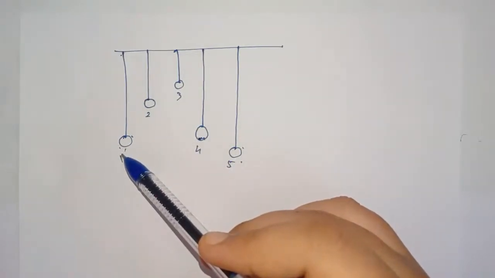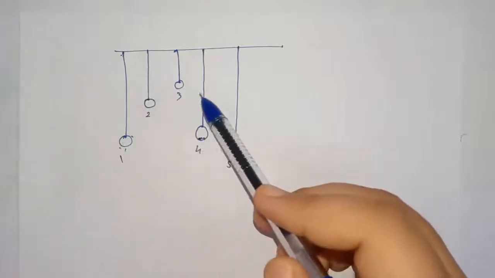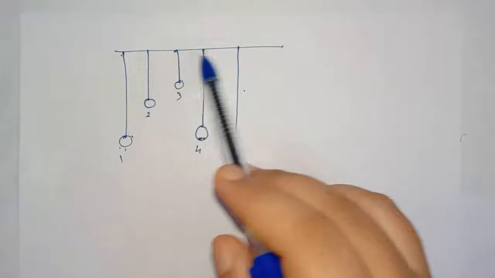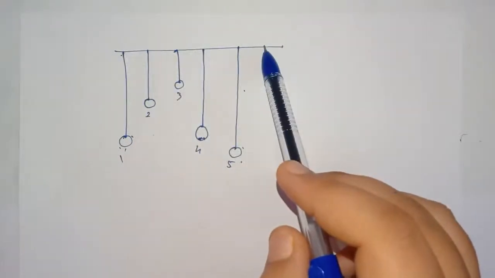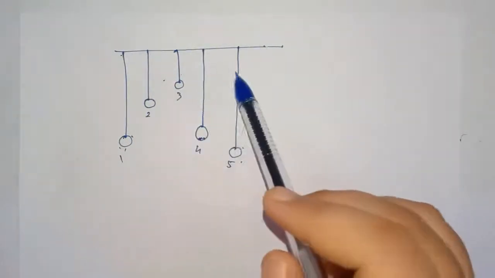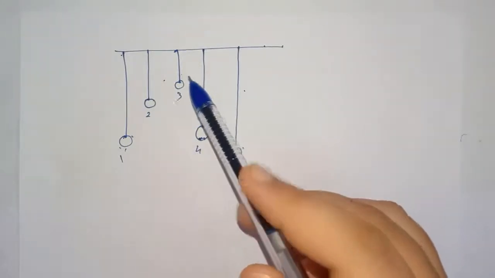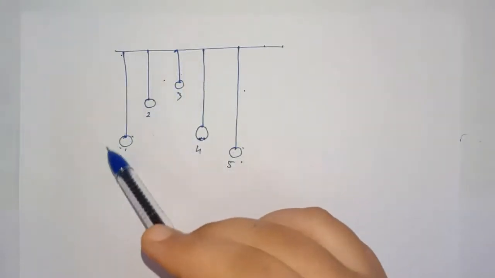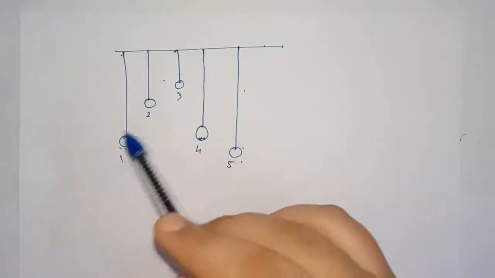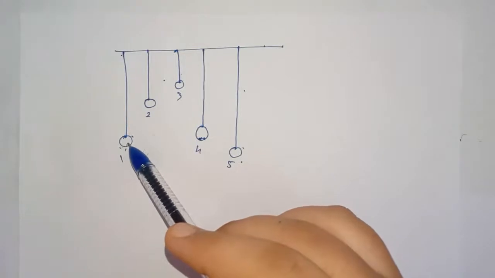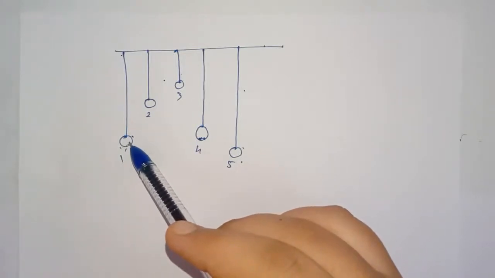Its energy gets transferred to the other pendulums through the connecting rope. So they also will start oscillating. The frequency of the driving force is the frequency with which pendulum 1 is oscillating. So this is the source providing the driving force.